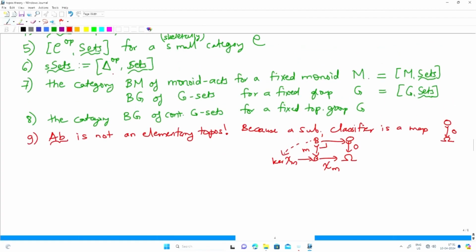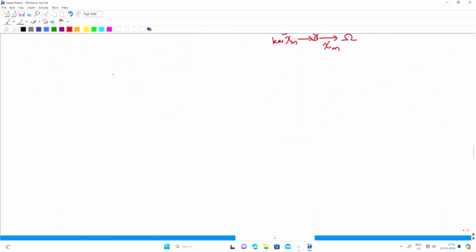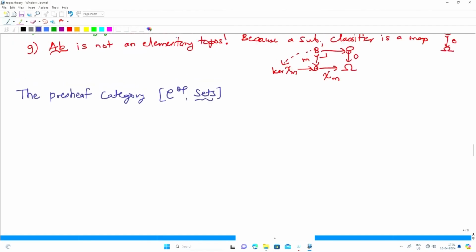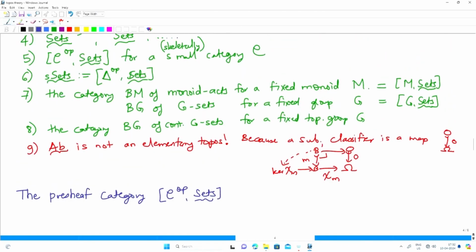So I'm going to expand on number 5 now. Number 5 is the essential example here, the pre-sheaf topos. Since I won't have enough time to talk about the sheaf topos enough, I think I should add one more thing.